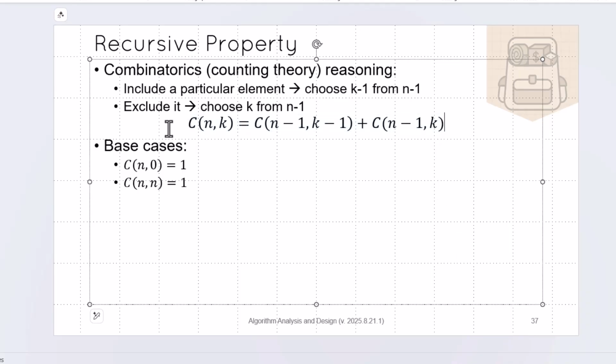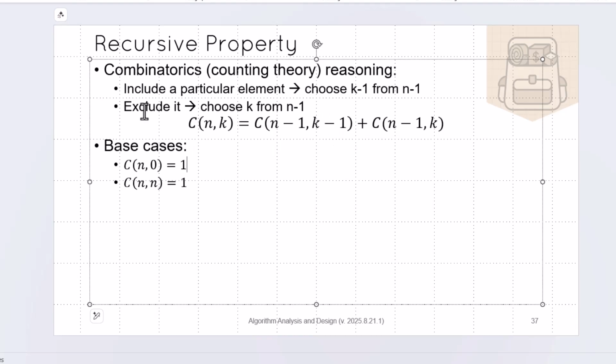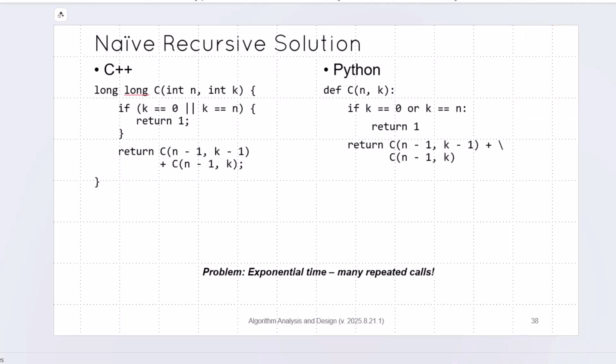So it's the combination of the current and the previous, or the one smaller value of k. Base cases would be C of n comma 0 is 1, and C of n comma n is 1.